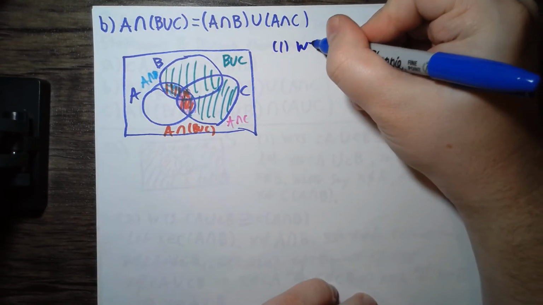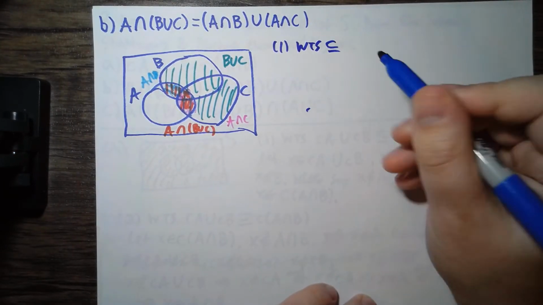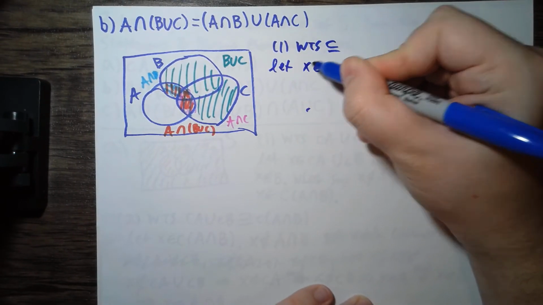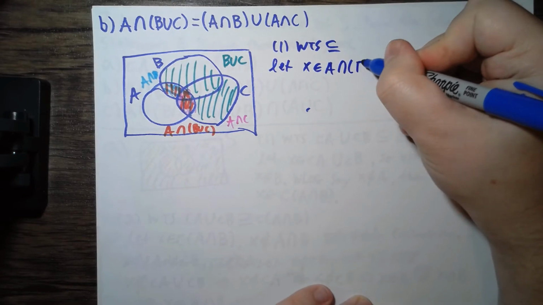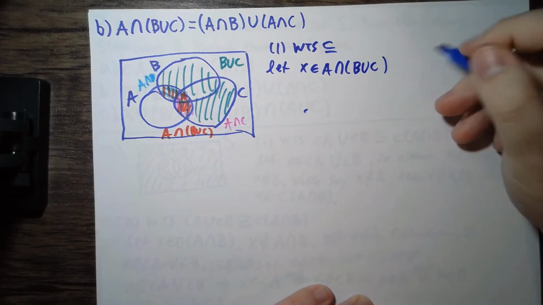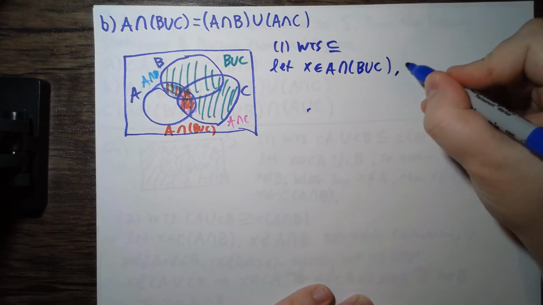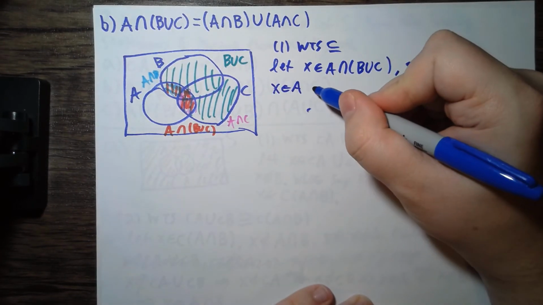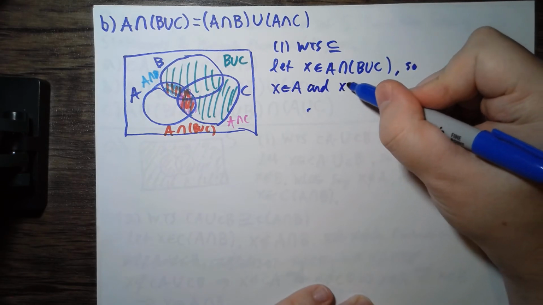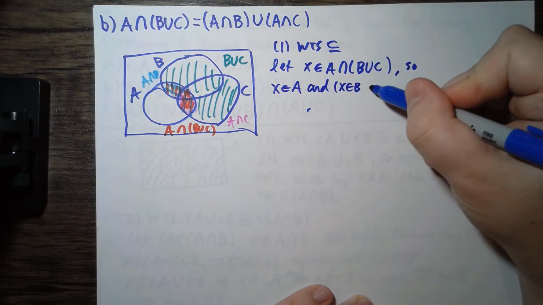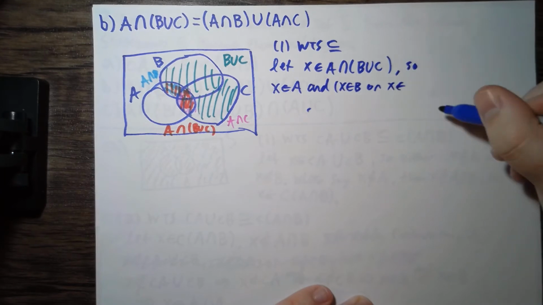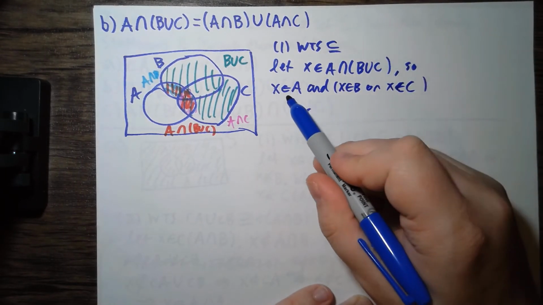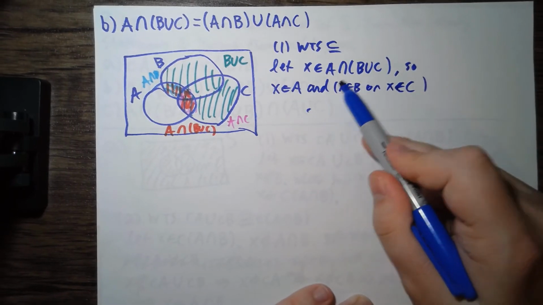the first thing is we want to show we have this inclusion. So we can say let x be in A intersect B union C. So what does this mean? This means that x is in A and x is in B or x is in C. Because you're in A, and you have to be in the union.